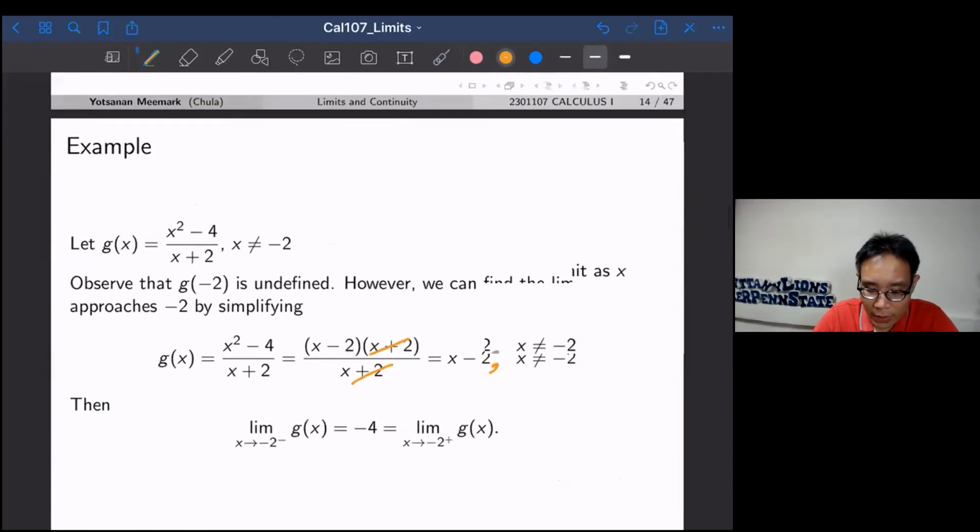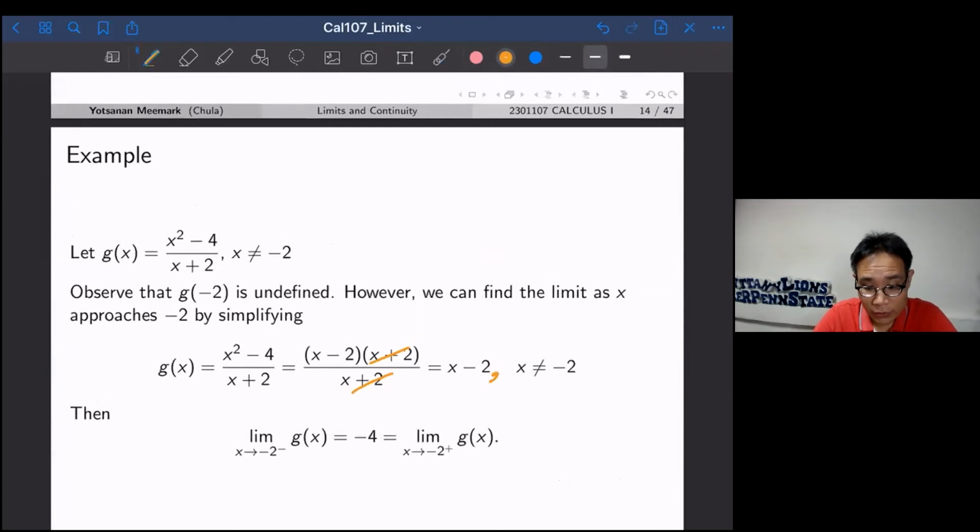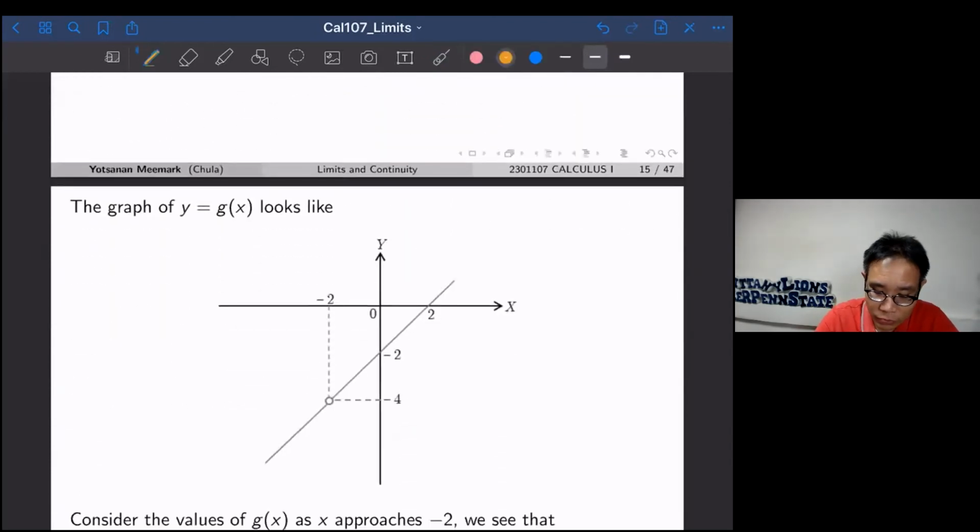If you graph y equal to x minus 2, you see that you're going to have a problem only at x equal to negative 2, which is one hole here.